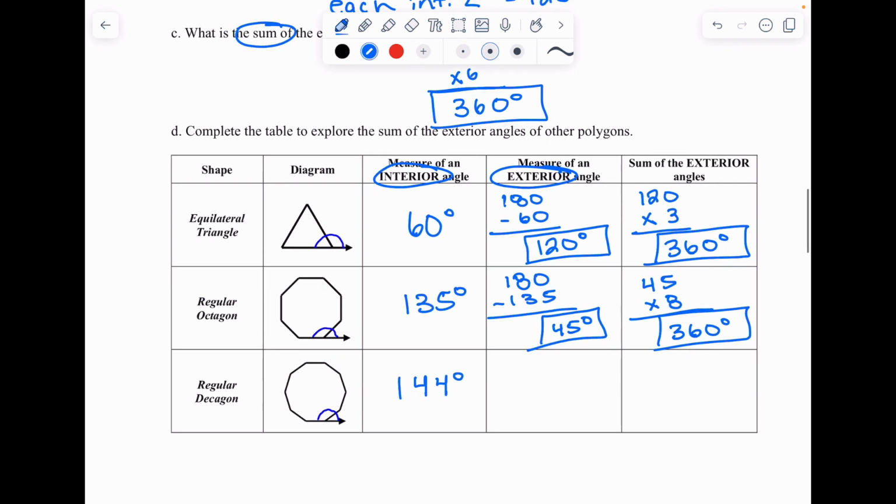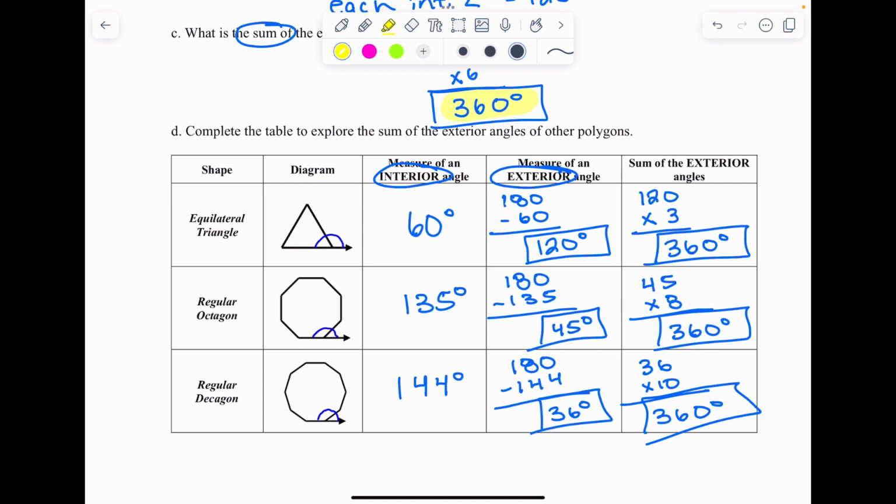Last one, I am going to subtract 144 from 180 to get that the measure of each exterior angle for a regular decagon is 36 degrees. And then I will do 36 times 10 to find out the sum of the exterior angles of a regular decagon, which is 360 degrees.